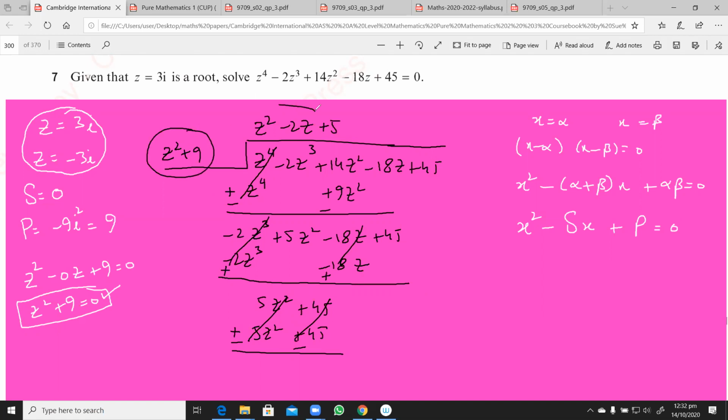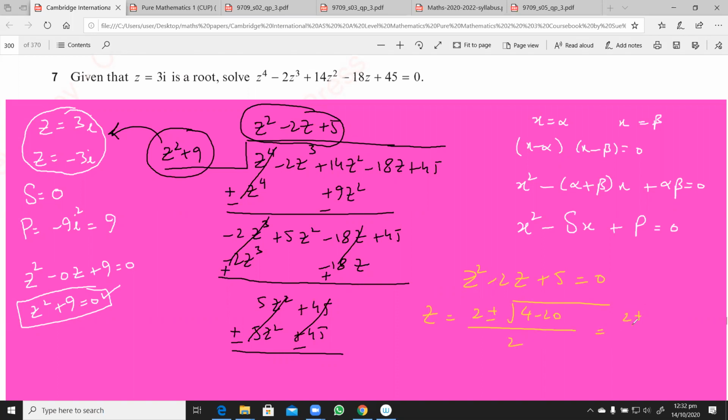So this into this, they are both quadratic, and they give us this quartic polynomial. We have already got its 2 roots, which are 3 iota and minus 3 iota. Now we have to solve the second one, which is z squared minus 2z plus 5. If you can find the factors easily, go quickly for the quadratic formula. 2 plus minus root of 4 minus 20 over 2.